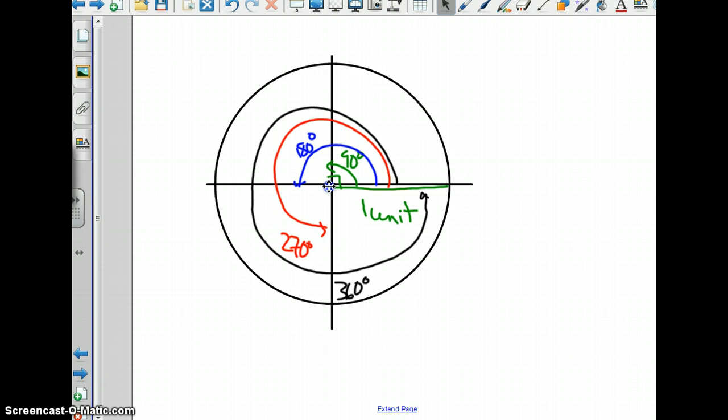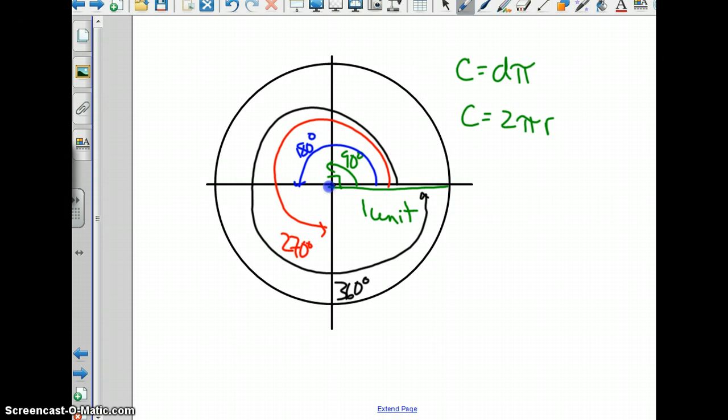Now if we talk about a circle that has a radius of 1 unit, we can talk about the distance around the circle. If you recall from your previous classes, the circumference of a circle you can find by doing diameter times pi, or circumference can be 2 times pi times the radius.